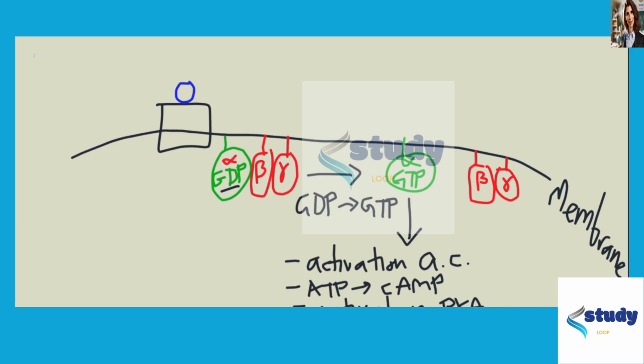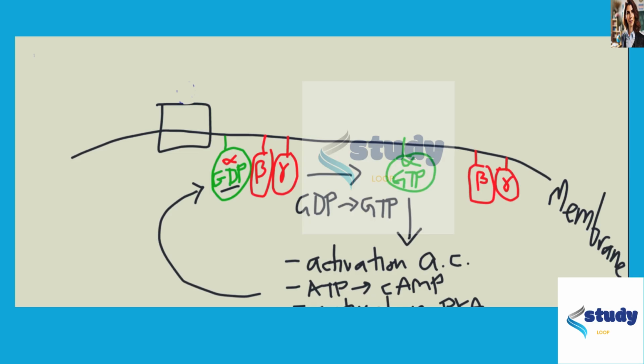Once the breakdown occurs, these subunits come back together and start back where it was initially before the signal was there. So it is a cyclic process, and it can repeat itself this way.